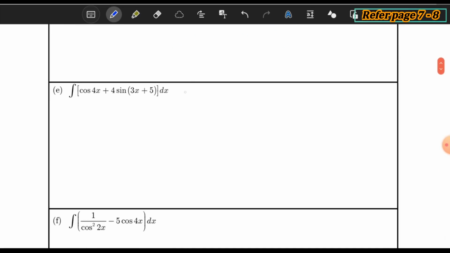E. Integrate cos 4x plus 4 sin 3x plus 5 with respect to x. We need to integrate one by one.